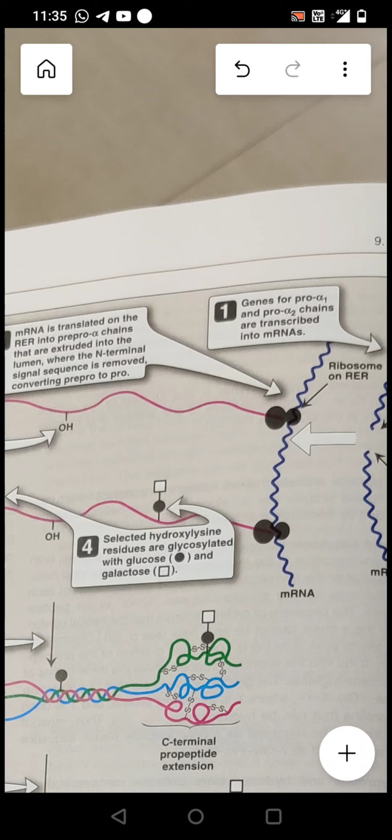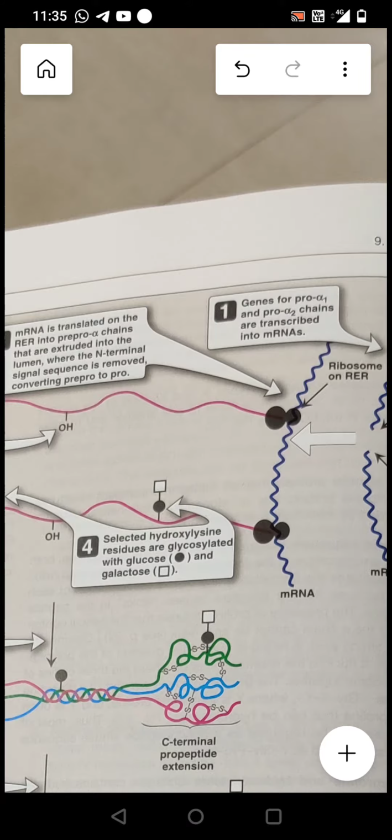These are extruded into the lumen where the N-terminal signal sequence is removed, converting pre-pro to pro. So pro-collagen and pre-pro collagen, what is it? Pre-pro collagen is nothing but your mRNA product to which the ribosomes are attached.